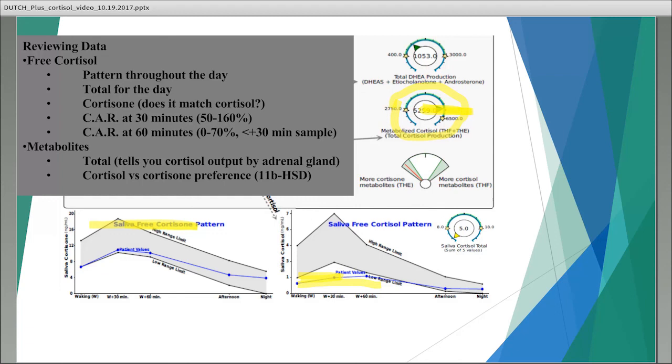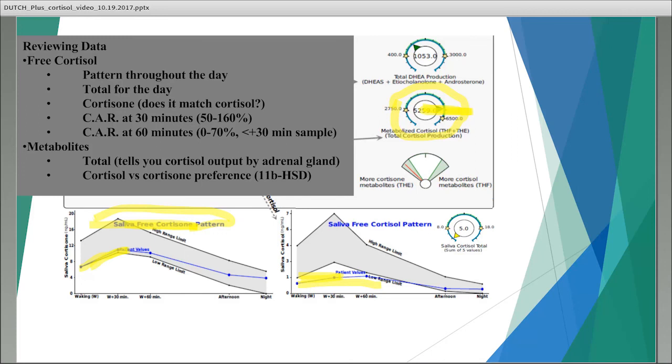Because that's happening in the localized tissue, the cortisone not only represents cortisone, the inactive form, but it also, in a sense, represents part of the cortisol. So in a case like this, what you seem to have is that in the saliva gland, a lot of that cortisol is ending up over here as cortisone.